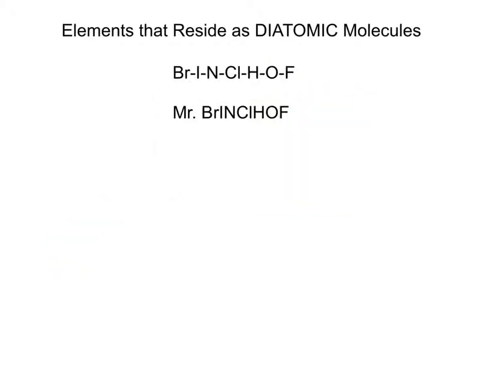The ones that do this are the bromines, the iodines, the nitrogen, the chlorine, the hydrogen, the oxygen, and the fluorine. The mnemonic we use here is Mr. Brinkelhoff. Bromine, iodine, nitrogen, chlorine, hydrogen, oxygen, and fluorine all exist as what is known as a diatomic molecule.